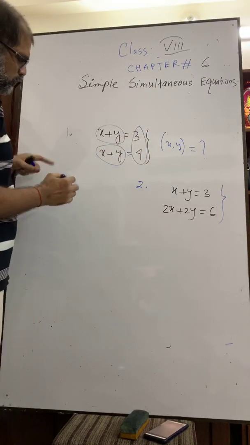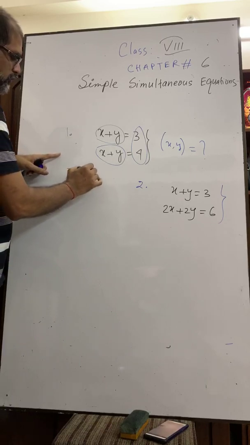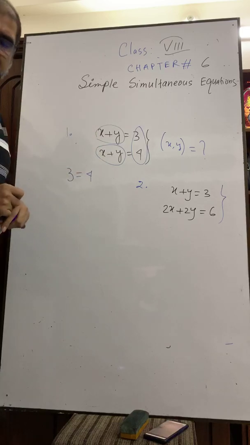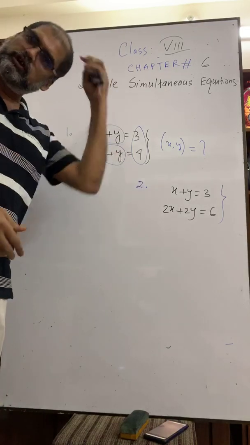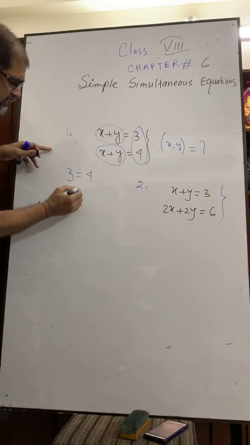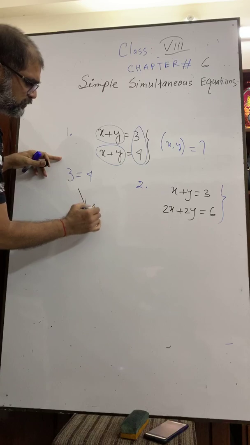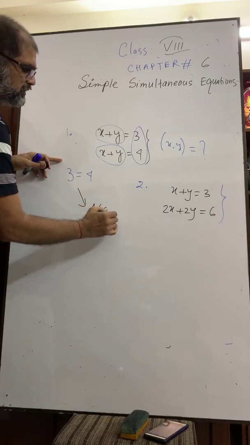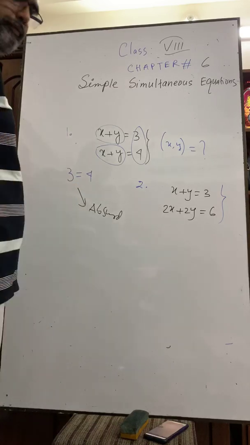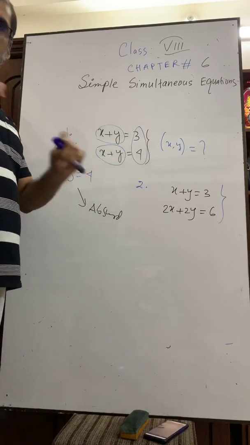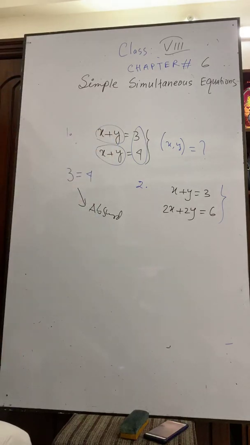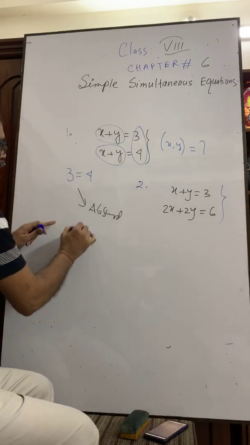So from 1 we can write 3 equals 4. As left hand sides are equal, right hand sides also will be equal, right? But is it possible? It is not possible. So it is absurd. It is absolutely wrong. 3 is not equal to 4. So in question number 1, our answer is no solution.